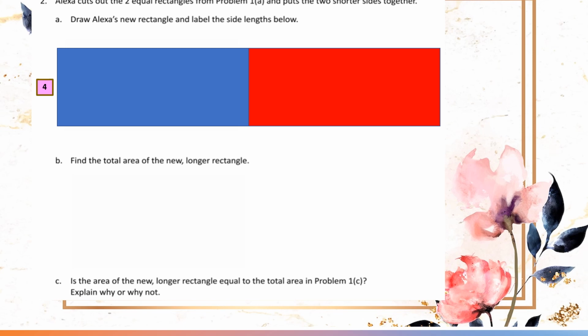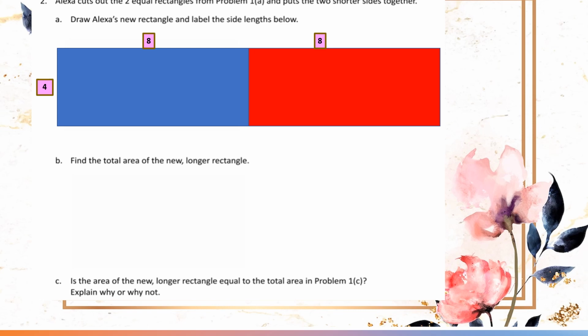Okay, now the long side from number 1 was 8, which means this long side on the red rectangle is going to also be 8. All right, now for area, I need to make sure I find my area, and the formula for area is length times width. I already have my length.